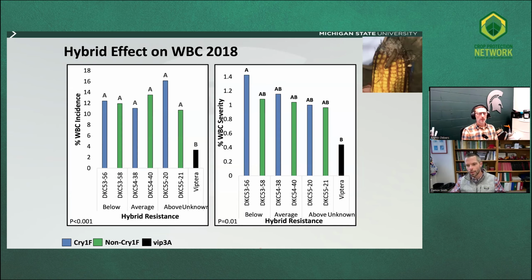So, what did you guys find out of that work? Yeah, so the main takeaway here is that essentially just using a trait to manage that Western bean cutworm. So the VIP3A trait, that Viptera trait in this particular example, was able to manage the amount of Western bean cutworm, both incidence, so the number of ears that were damaged, and the severity of that damage on those ears compared to other Cry genes that are available.